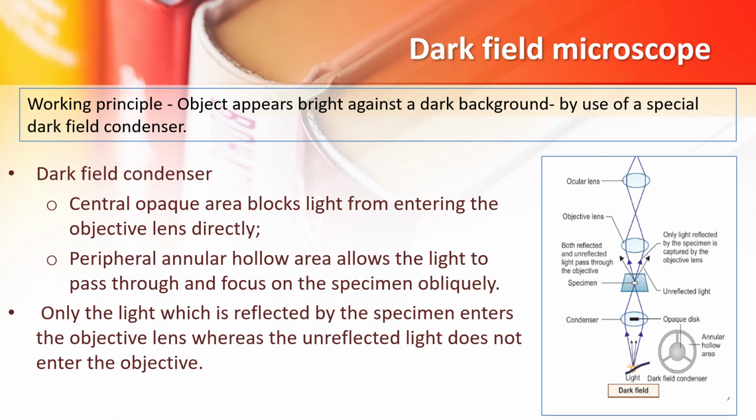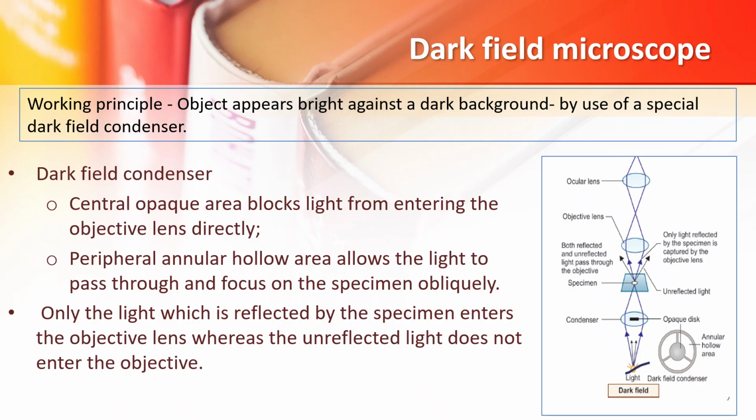Then the next thing is dark field microscope. In this dark field microscope, objects are brightly illuminated against the dark background of a microscopic field. Whereas in bright field microscope, the background will also be bright, but here it will be dark.